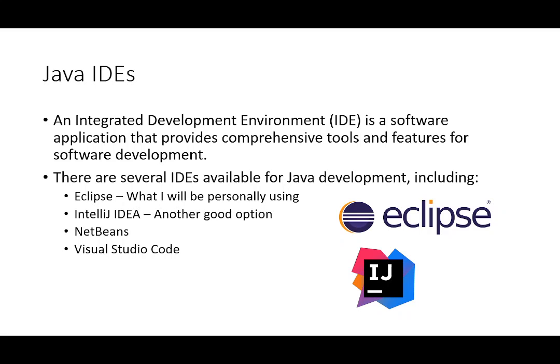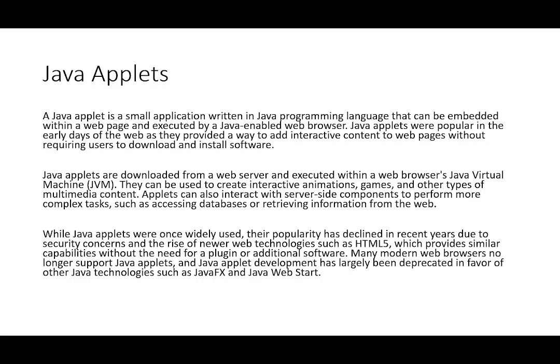You can even use just a notepad, though I guess it wouldn't be an integrated IDE necessarily, but you could definitely code on that as well. What I'll personally be using is Eclipse. If you have experience with things like PyCharm, I'd recommend IntelliJ and Visual Studio Code. A lot of people have that, and that's also a really good option as well. But you can choose what you prefer.